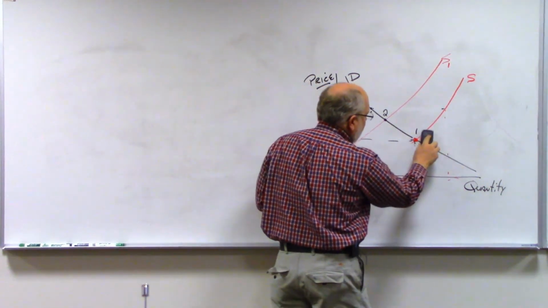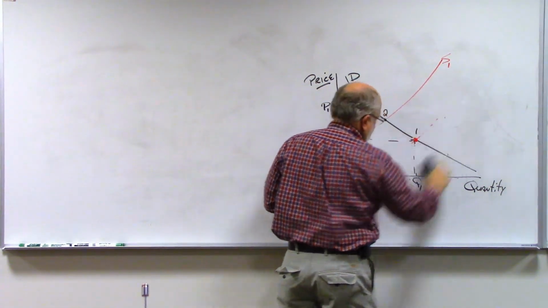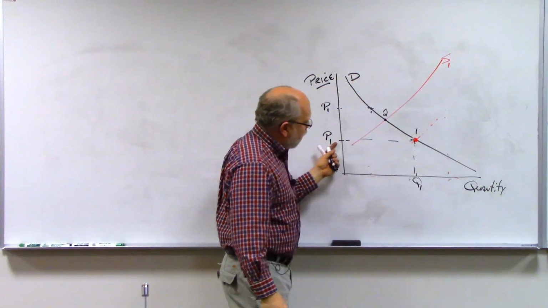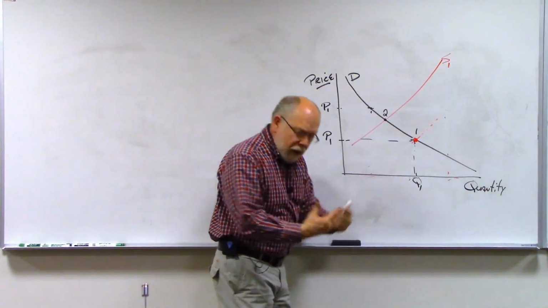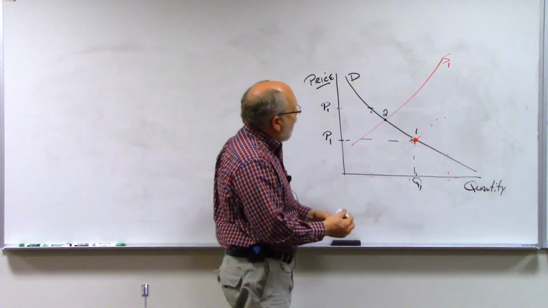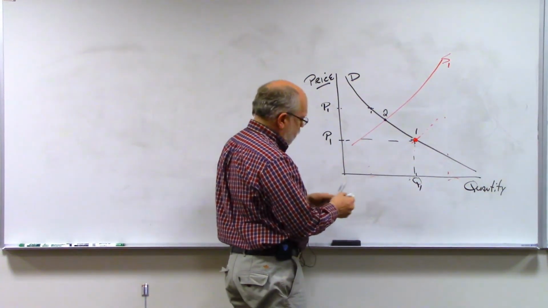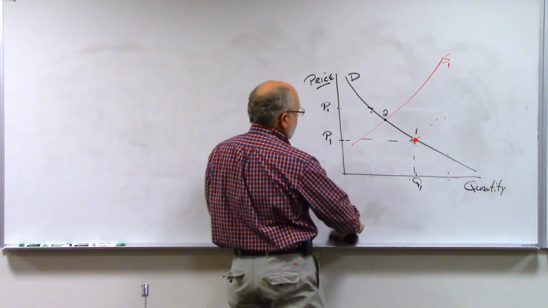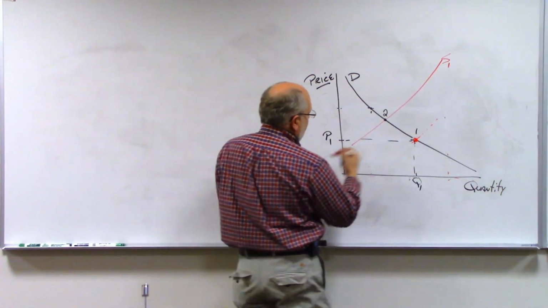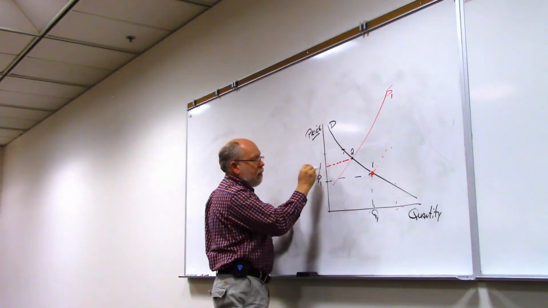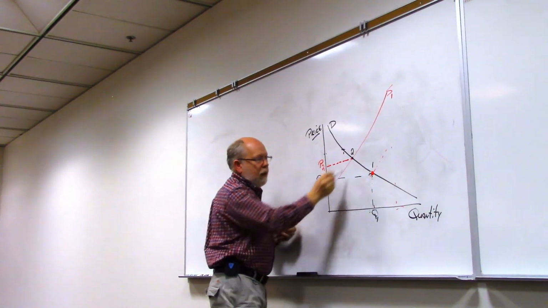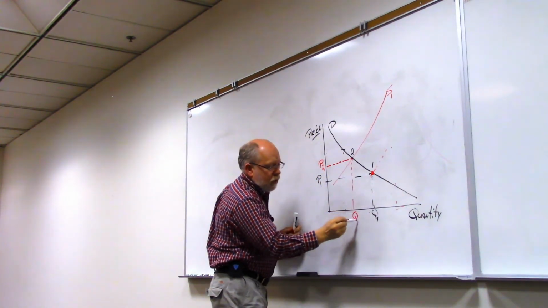So we'll just leave it a little bit like that, because we know what the price was, and we know how much was traded in the marketplace. But now we've got a new supply curve, and at that new supply curve, we're going to have a P2 and a Q2.